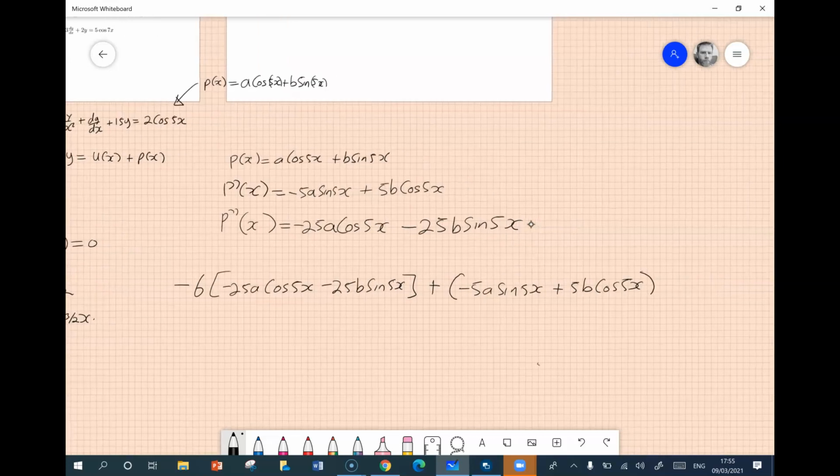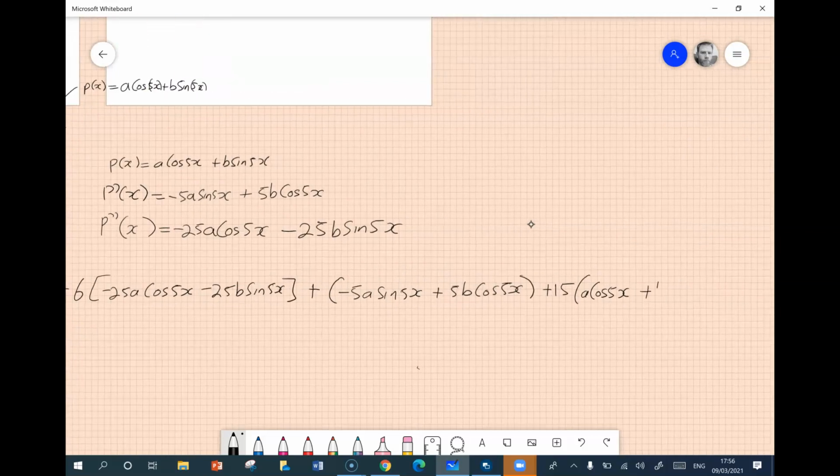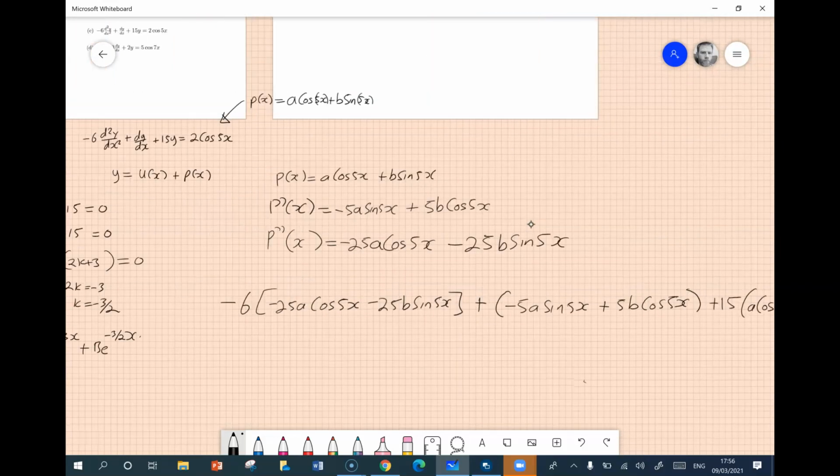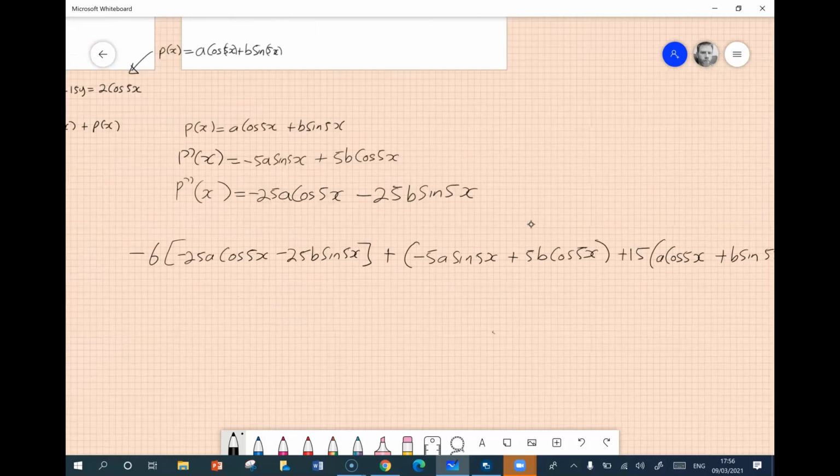And then I've got plus 15y, so plus 15 times p of x, which is a cos 5x plus b sine 5x. And all of that is equal to the right hand side, which is 2 cos 5x.